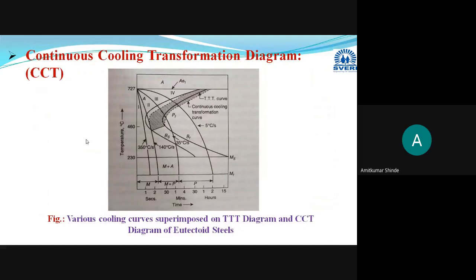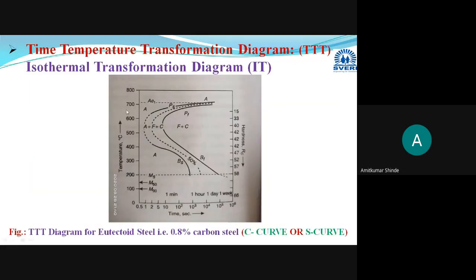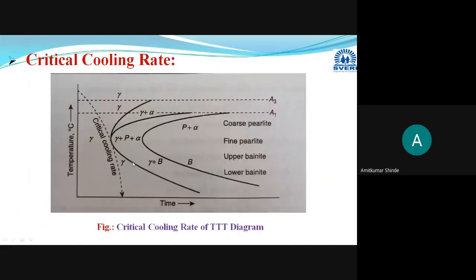Sometimes they also ask about the critical cooling rate, what is the meaning of critical cooling rate. Then you have to draw this diagram. The curve is the same, just shortened. Or you can draw the same TTT diagram and show the curve which touches the nose. That is also sufficient.